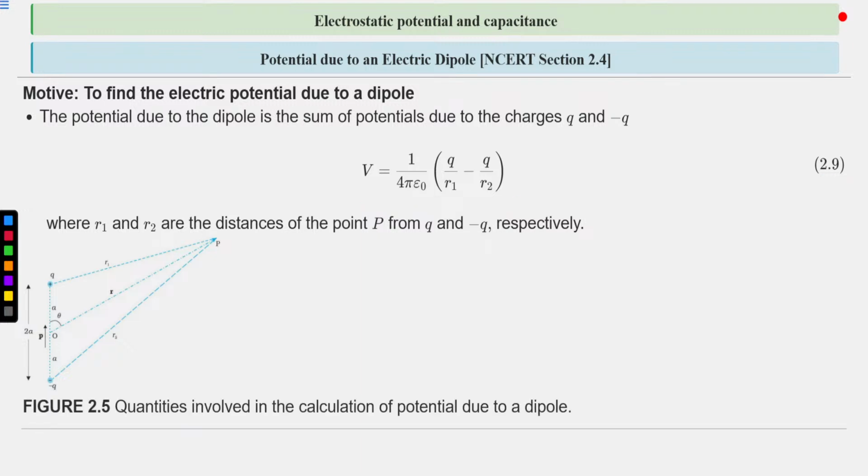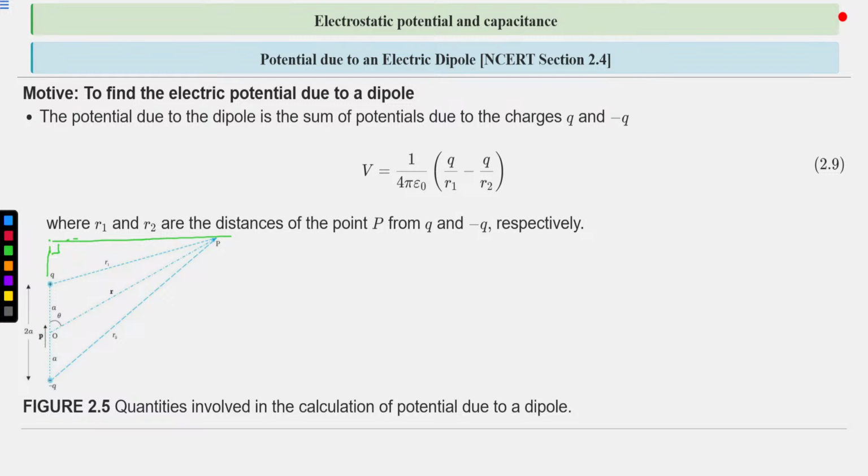Now what we have to do, we have to make a perpendicular from this P point. We will extend this dipole in this direction and make a perpendicular from P point here. Then assume this distance as x, and assume the other distance as anything you want.